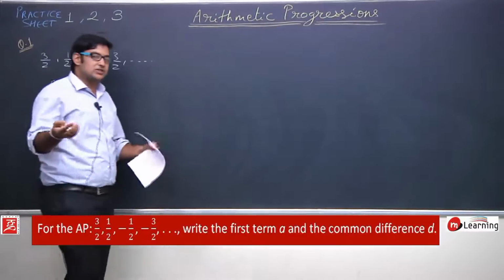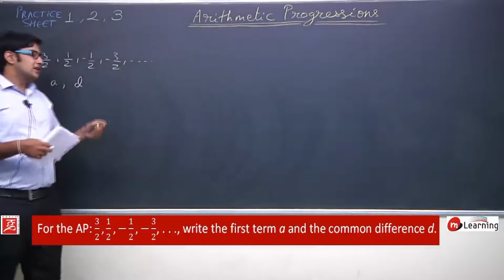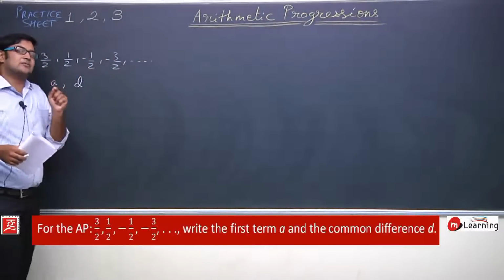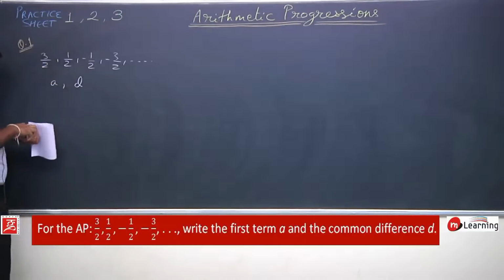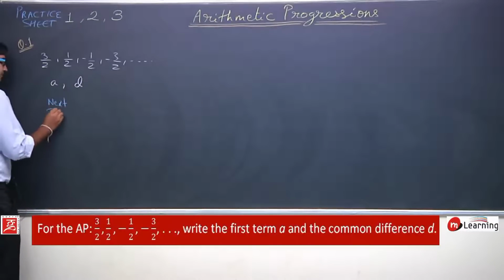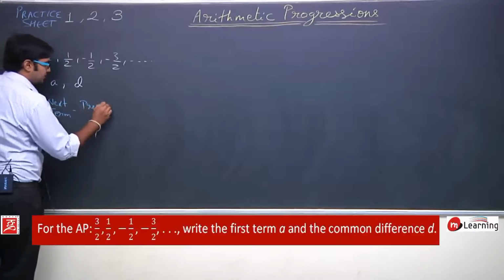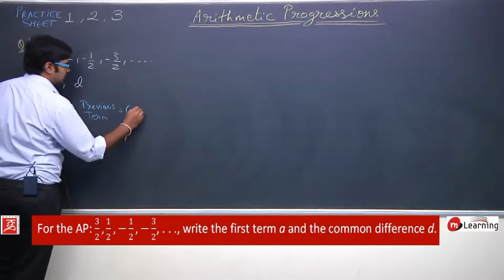Now you know this question is a very basic question. What you just need to understand is, it is given that this is an arithmetic progression. So if this is an arithmetic progression, then the concept next term minus previous term is constant.